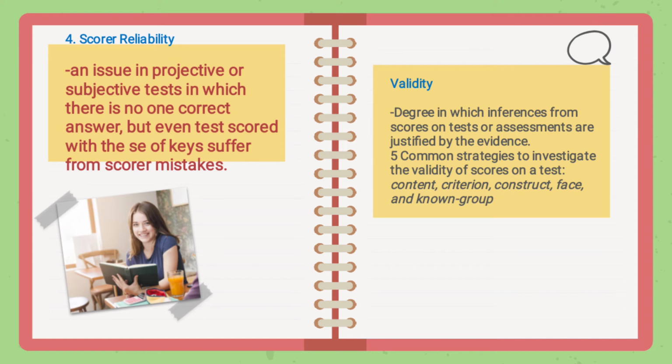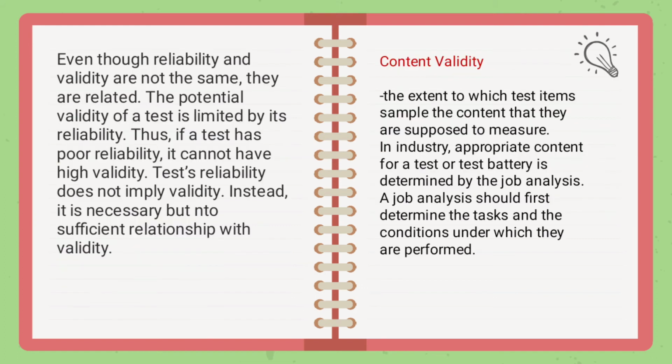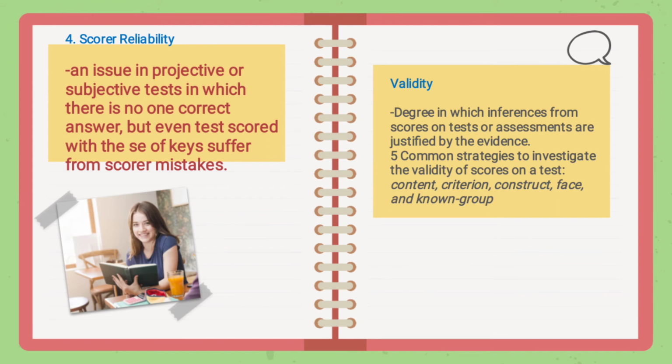It is doubtful, however, that height is related to typing performance, no? Thus, a ruler would be a reliable measure for height, but height would not be a valid measure of typing performance. Hindi kasi yun yung tina-target mo. So, yun yung validity. So, yung validity, no? We have yung sa previous slide natin, no? Balikan muna natin, na sa validity, no? May 5 common strategies siya.